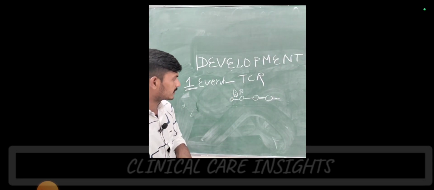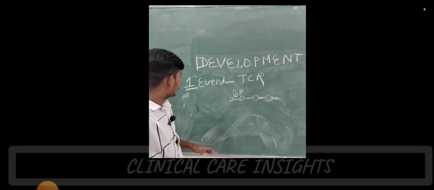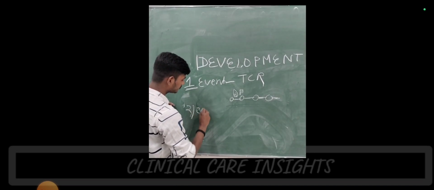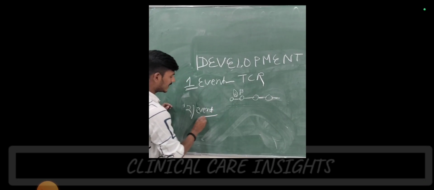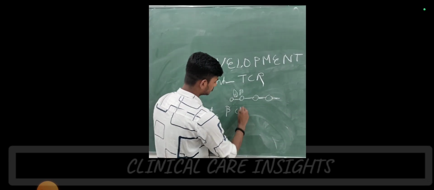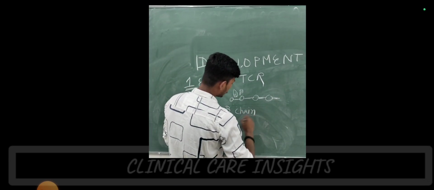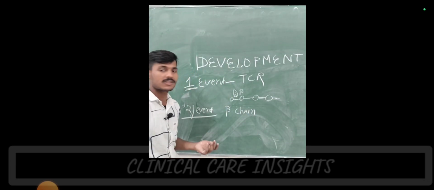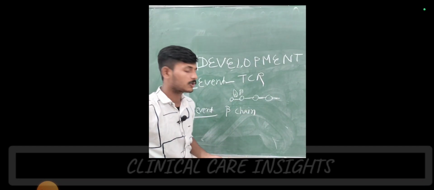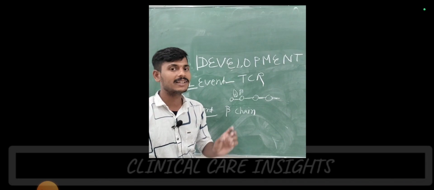in the maturation phase. So in the second event, what happened? Second event is marked by the selection of beta chain. And those cells where the beta chain is not found are eliminated by the process of apoptosis. Apoptosis is basically programmed cell death.